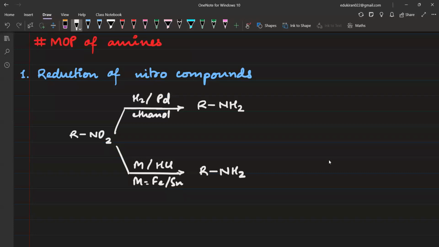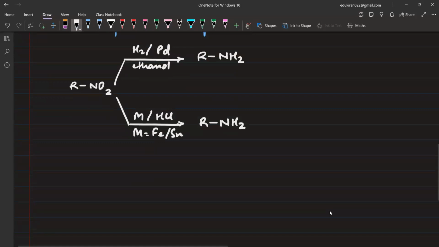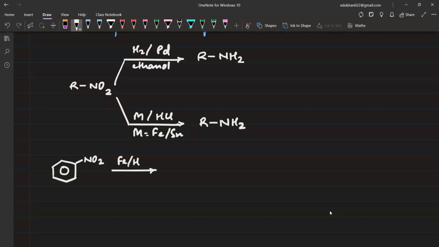Now, for this you can also use aryl amine. ठीक है, जैसे कि aryl amine, for example, aniline. In the presence of Fe and HCl, you will get NH2.